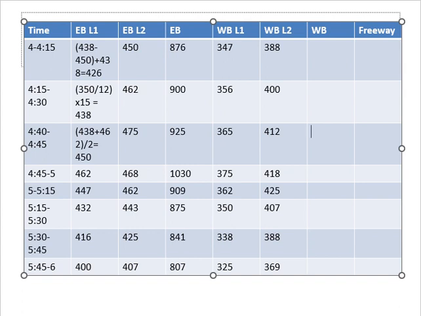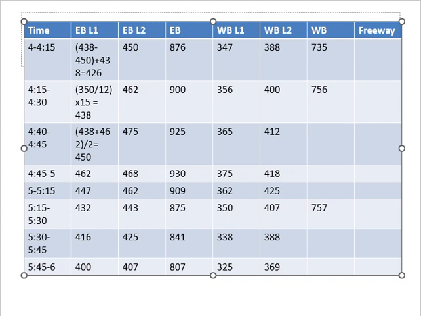Westbound. Tell me the first value. 930? 731.